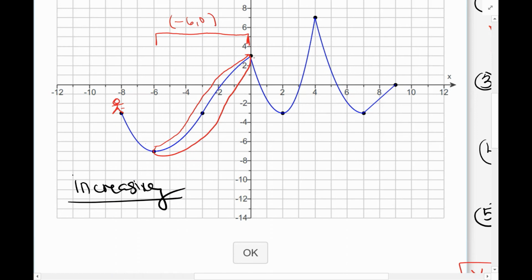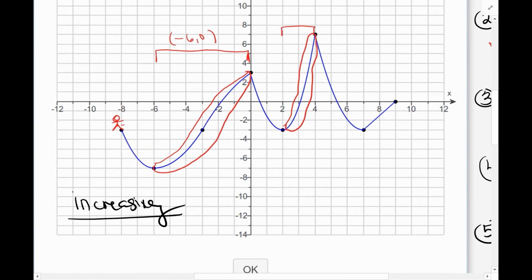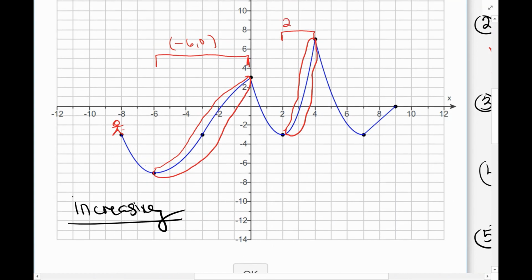But then I start going down the roller coaster again. I don't want that. I want increasing. And so as I hit this point, I start going up the roller coaster. So here I have another area that's increasing, and that's going to be from 2 to 4. Parentheses 2 to 4. Now, the definition of increasing is an open interval. That's why I'm putting parentheses on both sides.